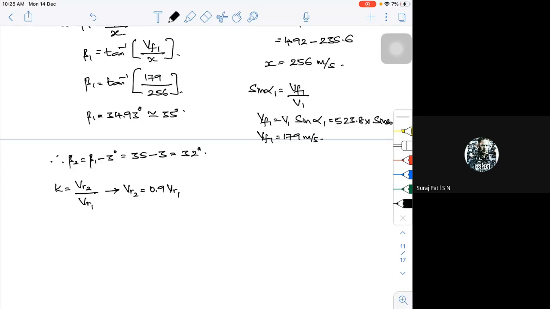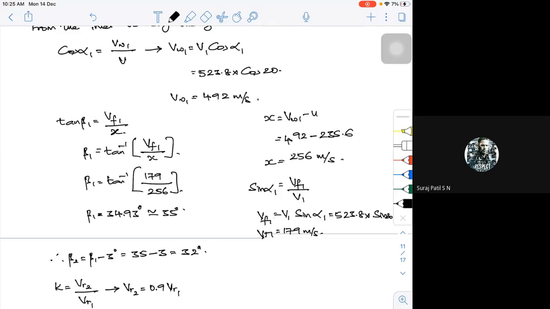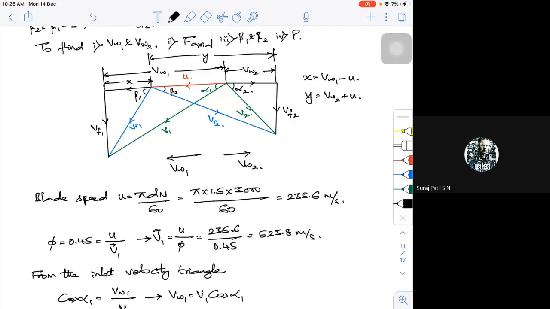But I don't know the value of VR1. So how to find VR1? Just go to your inlet velocity triangle. What is your sin beta 1 or cos beta 1? Sin beta 1 is Vf1 divided by VR1, or cos beta 1 is x divided by VR1. Either one will give me VR1.